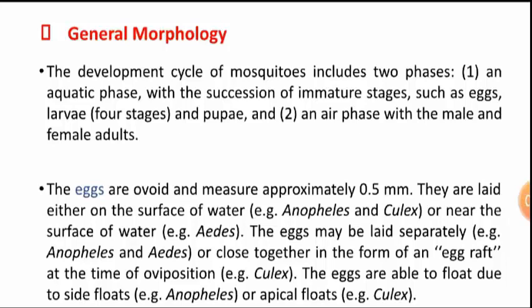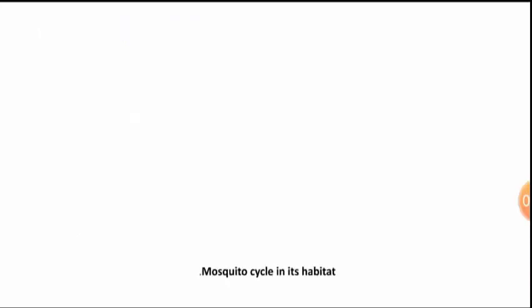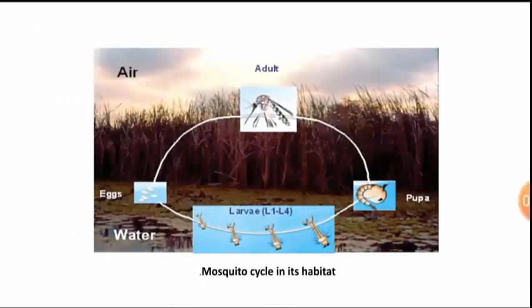The eggs are able to float due to side floats as in Anopheles, or apical floats as in Culex. This picture shows the mosquito cycle in water and air.